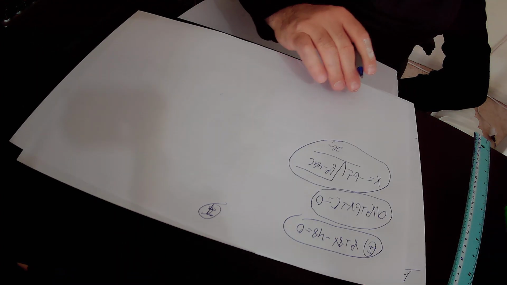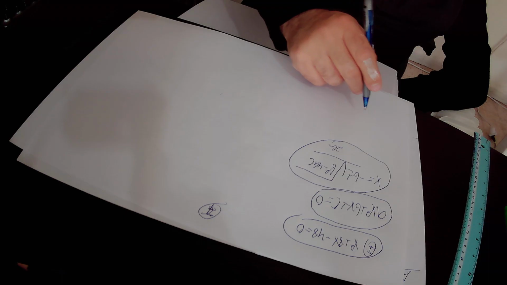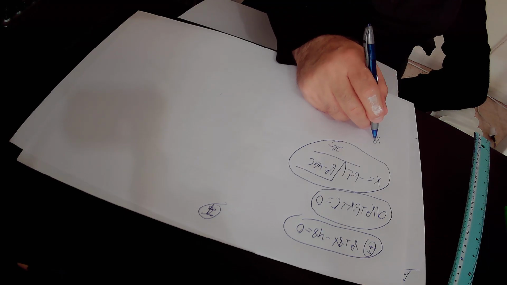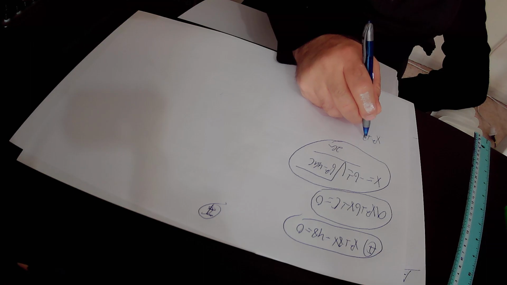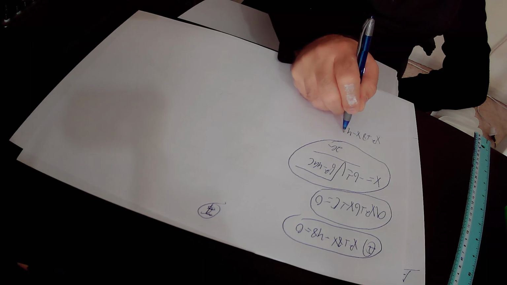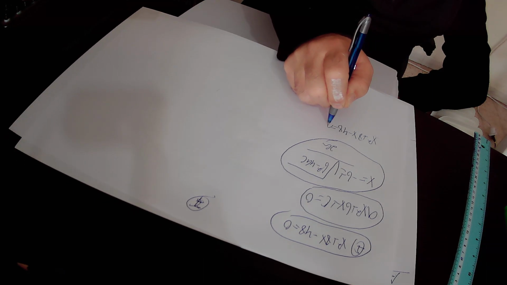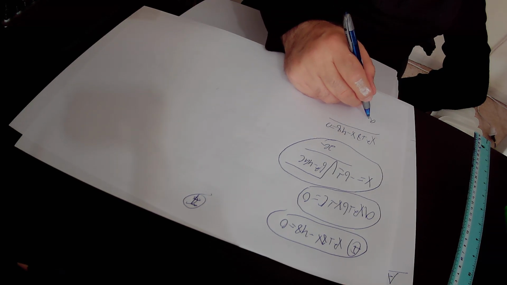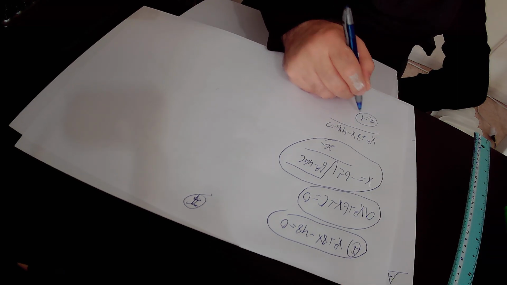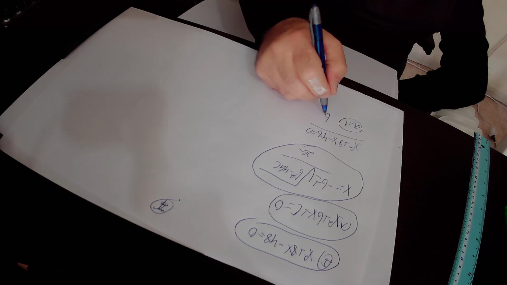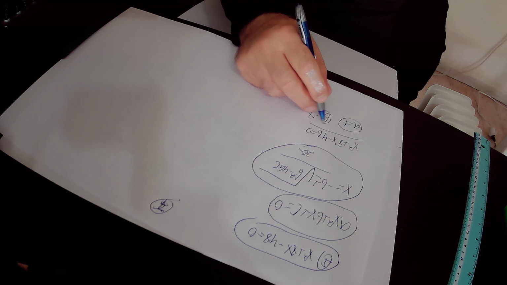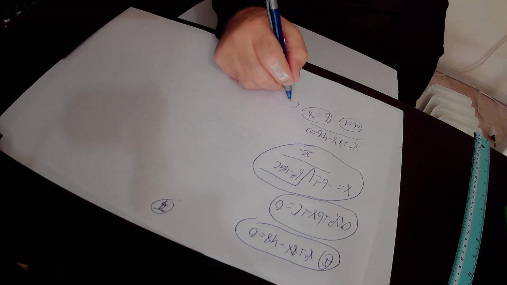In our specific quadratic equation, x squared plus 8x minus 48 equals 0, the coefficient a equals 1, the coefficient b equals 8, and finally the coefficient c equals minus 48.